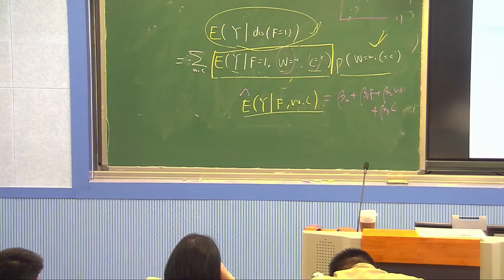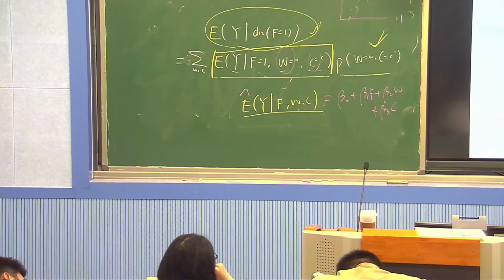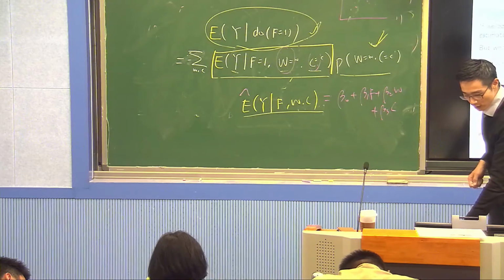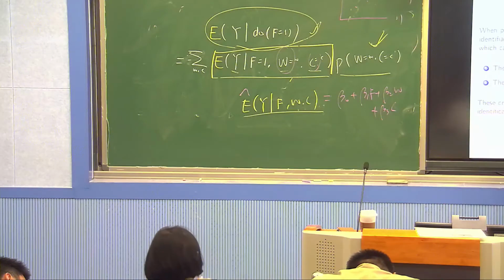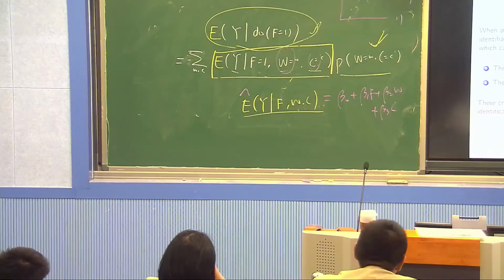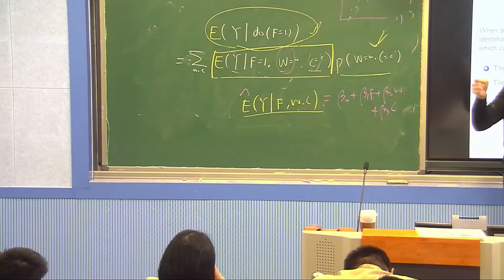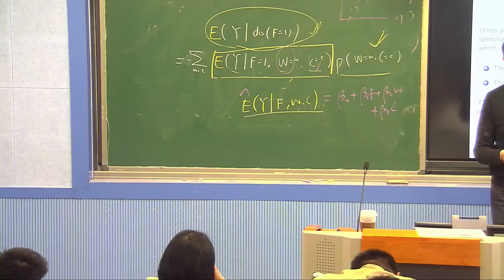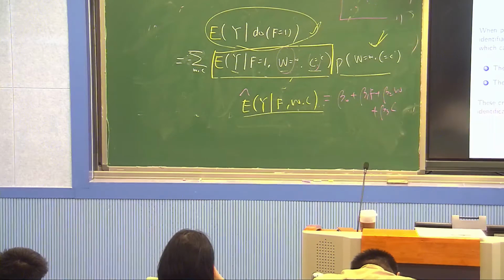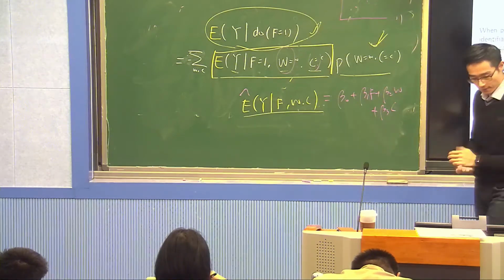Can you still non-parametrically identify the causal effect? The answer is maybe, maybe not. What is the criteria? We have two criteria to decide. The first is called the backdoor criterion. The second is called the front door. These two criteria will help us decide, when we do not fully observe the parents of the treatment, what we can do in order to identify the causal effect.